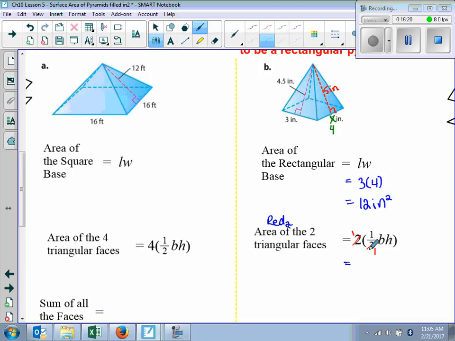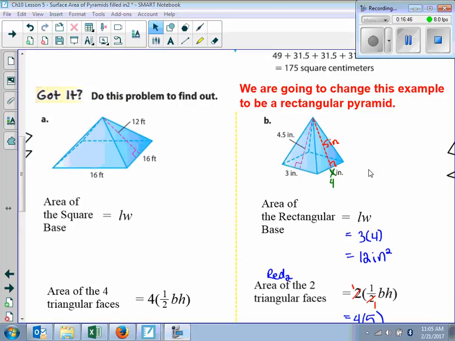So we've got 1/2 base times height, and then since we have 2 of them, we're multiplying times 2. Is everybody with me? All right, so now we can substitute the rest of what we know. So the base there is 4, and the height is 5. So the area of those two triangles total up to 20 inches squared.